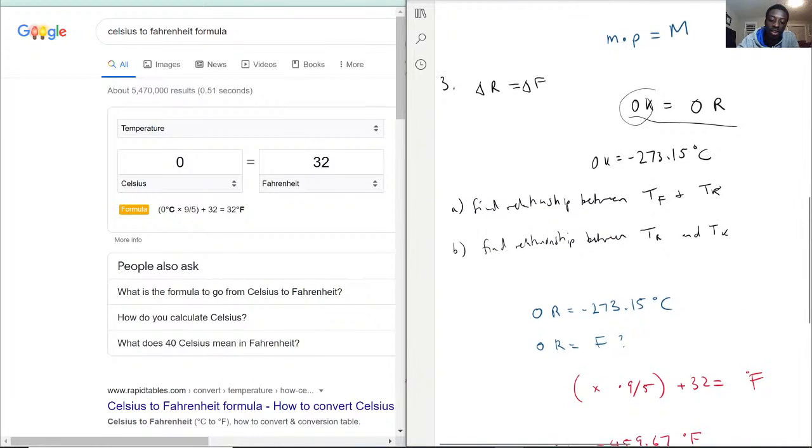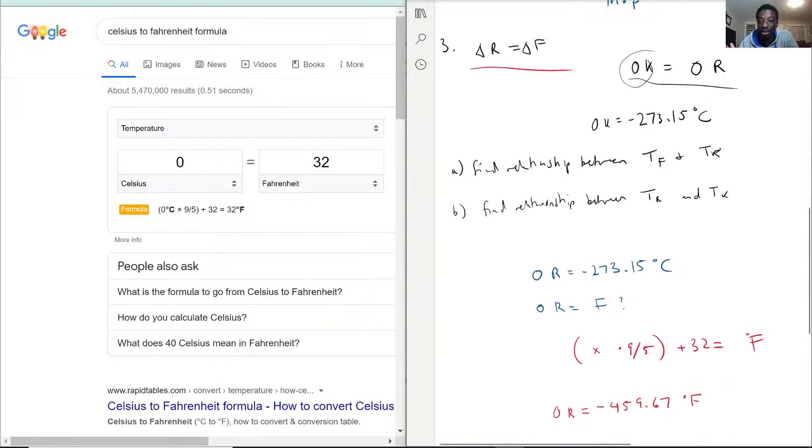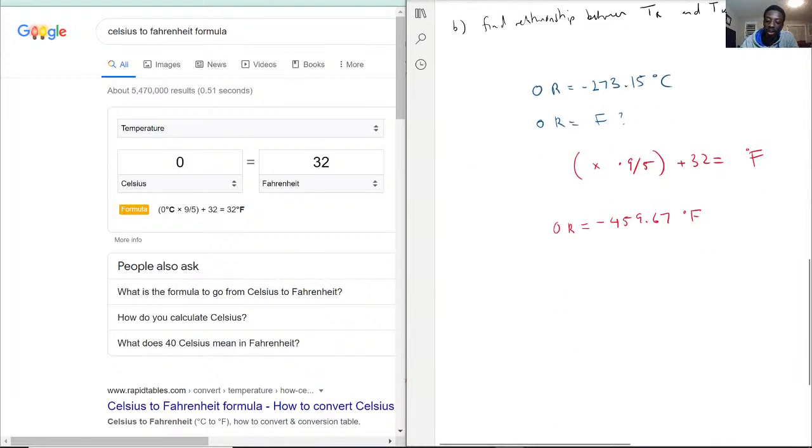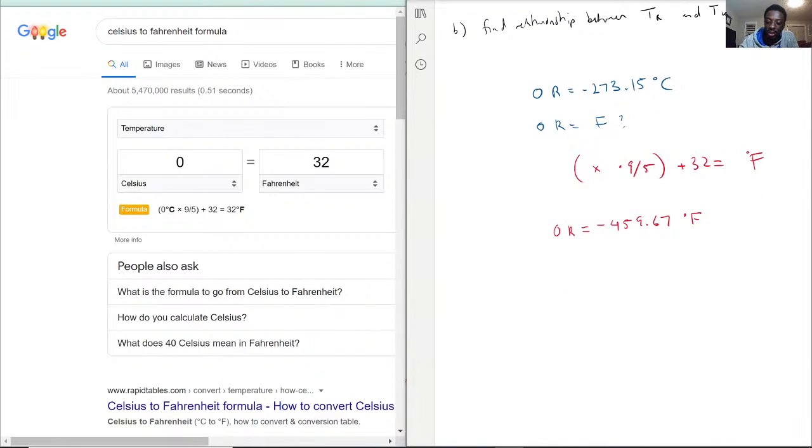Okay, and now here's a cool part. We established that the change in Rankine is equal to the change in Fahrenheit. So the relationship here is, if we put y is equal to x, y degrees in Rankine is going to be equal to x degrees in Fahrenheit plus 459.67.